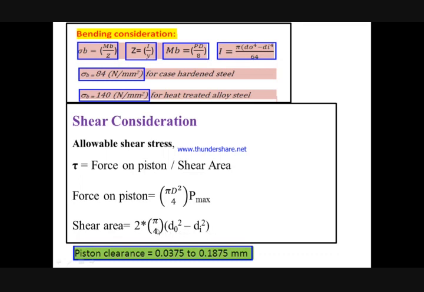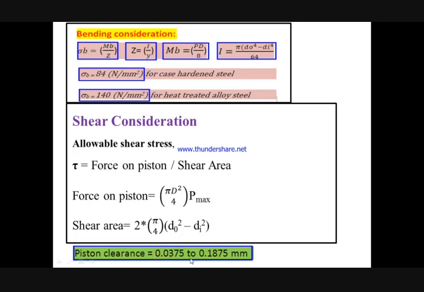Calculate this value. The induced shear stress should be less than the allowable shear stress for the material used to manufacture the piston pin. Then only will the pin be safe.